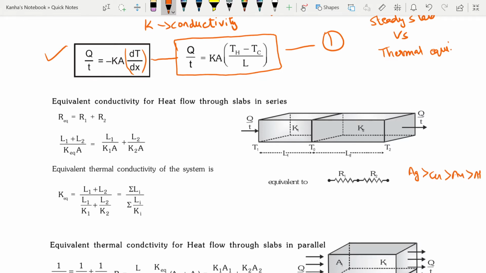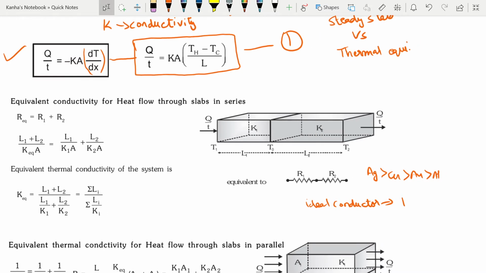For an ideal conductor, the value of K is infinity. And for a bad conductor or an insulator, conductivity is equal to 0.